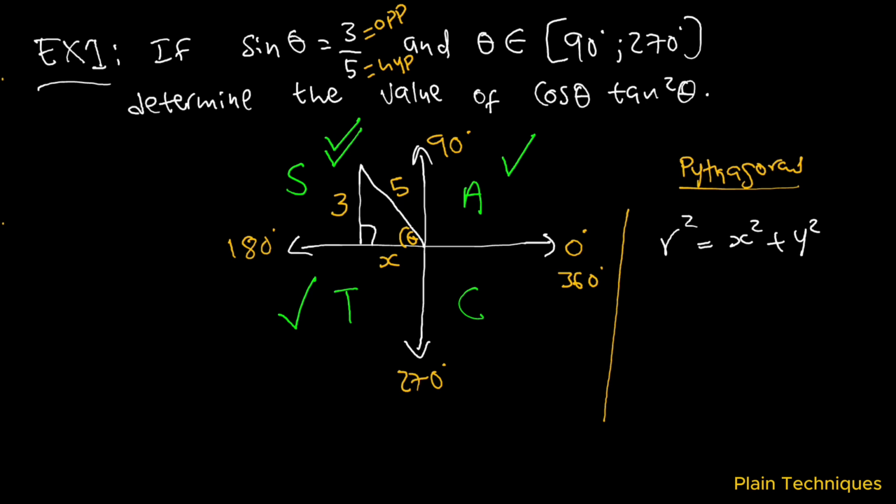What do we have? This is y, this is x, and this is r, right? So r, what do we have? We have 5 squared. X, we don't know the value of x, but we know the value of y, which is 3. 3 squared.